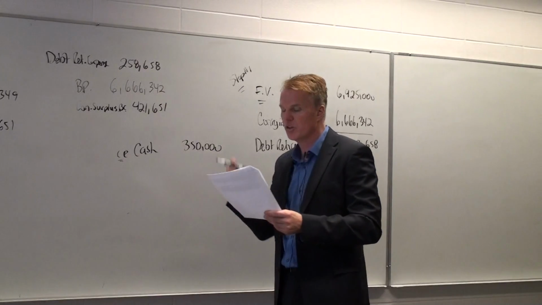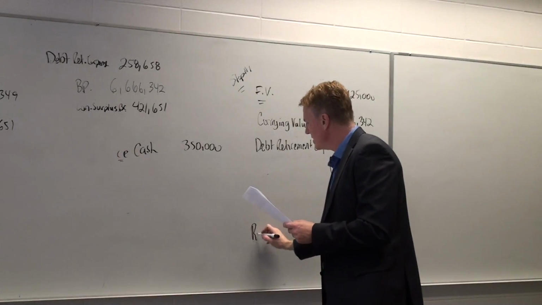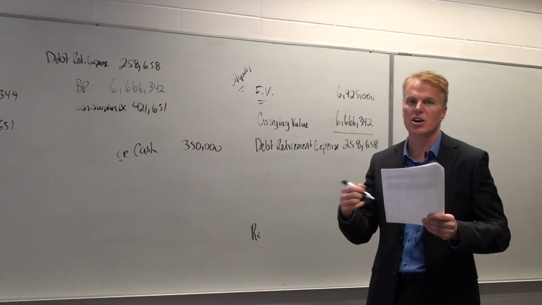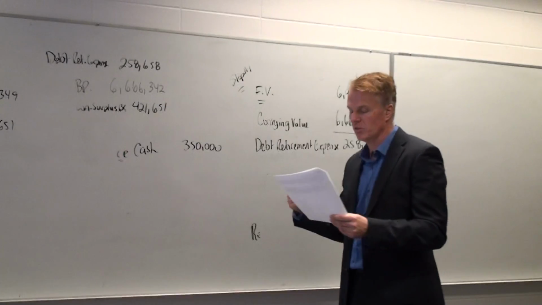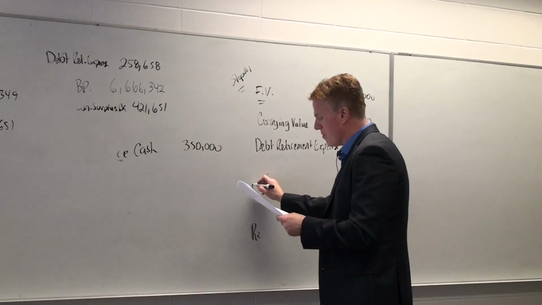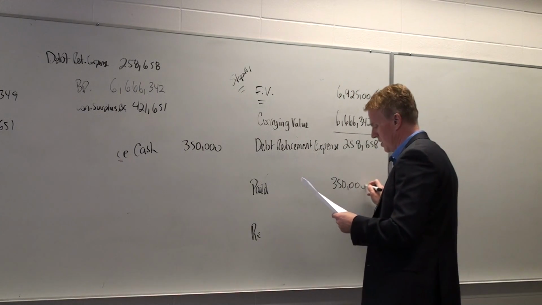Now, we paid more than that debt retirement expense. We actually paid $350,000. So that amount basically is the amount that we're going to pay out of retained earnings to have these bonds converted. So the amount that we paid, $350,000.